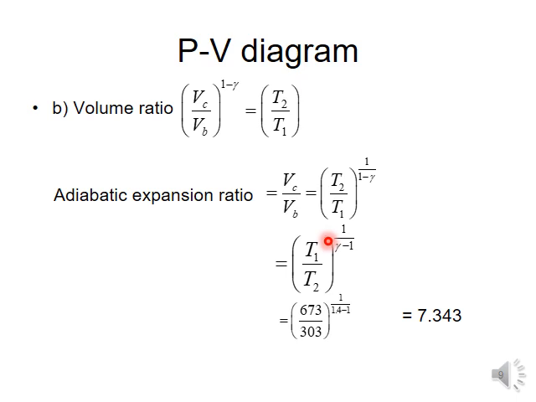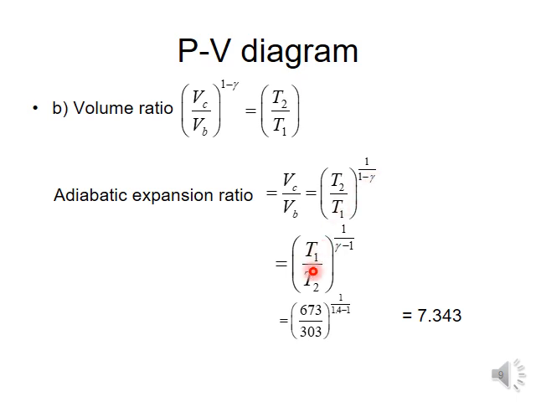Or simply we can write it as T1 by T2, interchanging numerator and denominator, and the minus goes into the power.